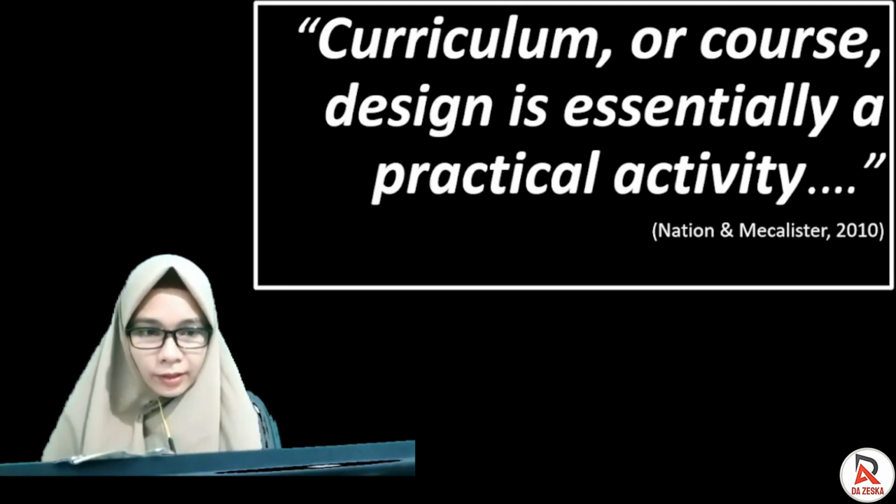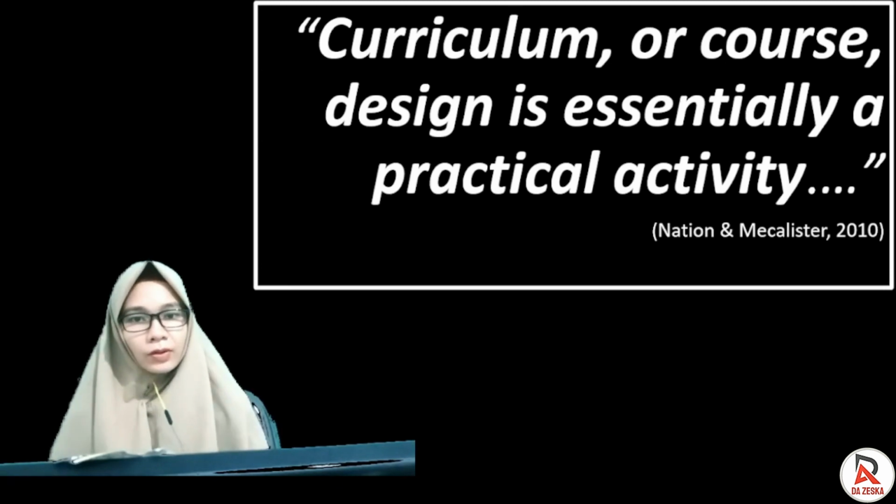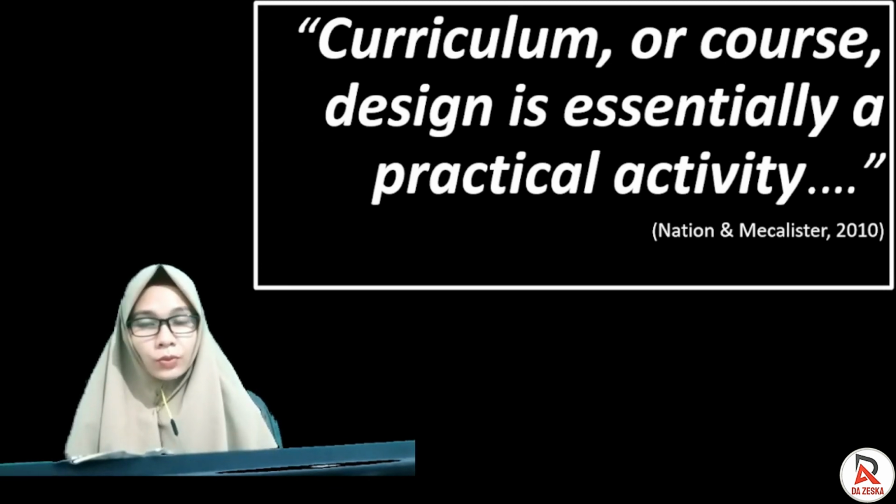And this quote, I think, is really representative of that, and of how we as teachers and we as curriculum developers need to practice the theories that we have in curriculum and course design itself.